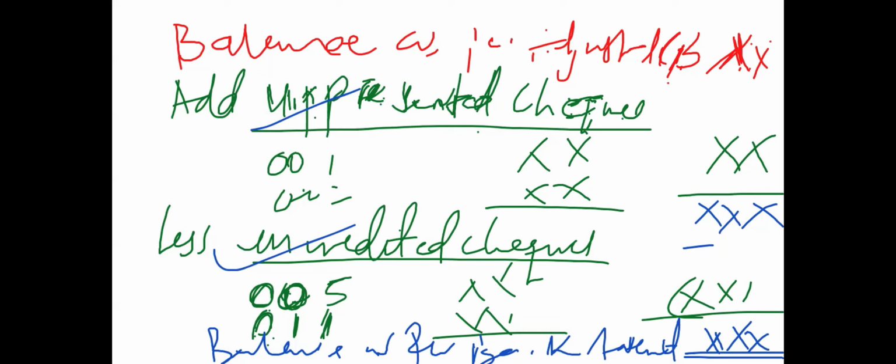So someone may be wondering, why are we adding the unpresented checks and why are we lessing off the uncredited checks? Now, we are adding the unpresented checks because the unpresented checks are checks which have been issued out by the business to our suppliers or creditors, and we expected them to go and present it to the bank for payment. And in our cash book, we already subtracted that amount from our balance.